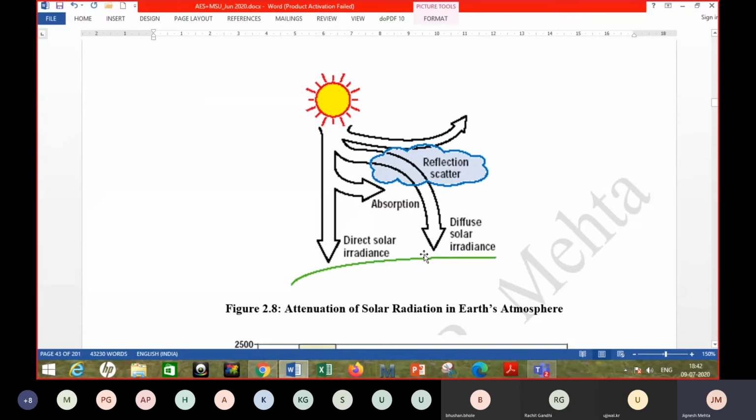Some part comes back to the Earth, and that makes diffuse radiation, which also falls on the surface of the Earth, but it comes from all directions, right? It doesn't have a unique straight-line direction like this. It comes from the whole sky, the complete hemisphere of the sky. You get the diffuse radiation from that, right?